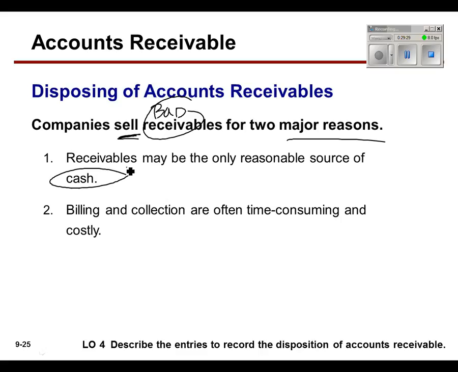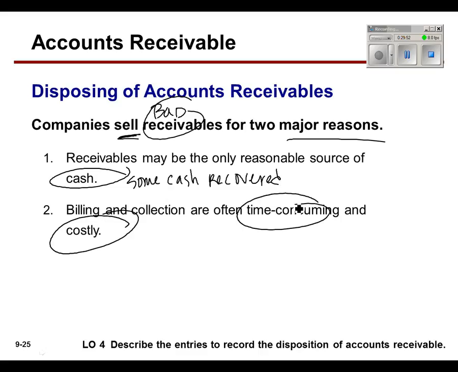If they're never going to pay us, even if we have to sell them for way less than what these people owe us or have fees associated, at least we can recover some cash. And second, it's very expensive and very time consuming to keep hounding these bad eggs.